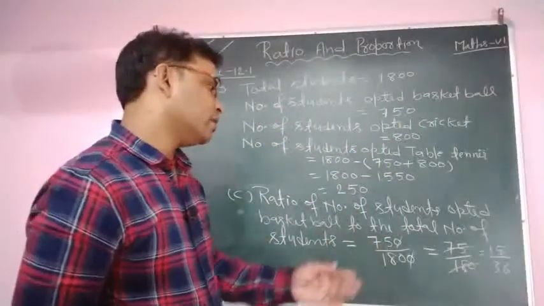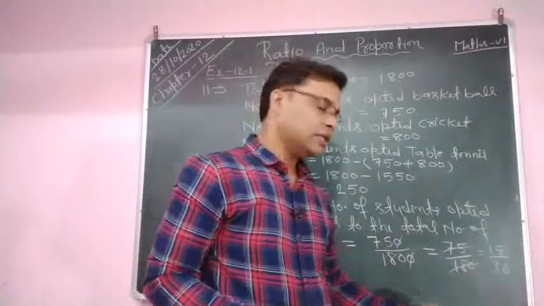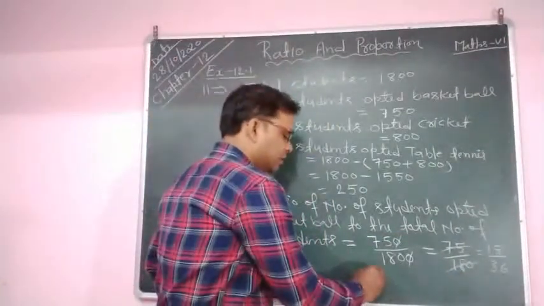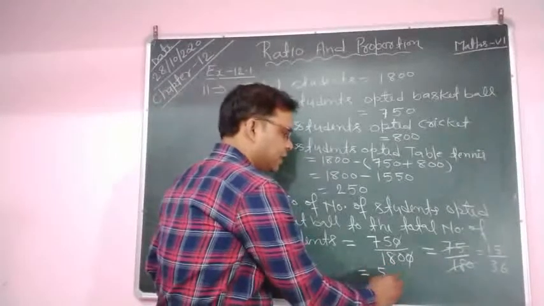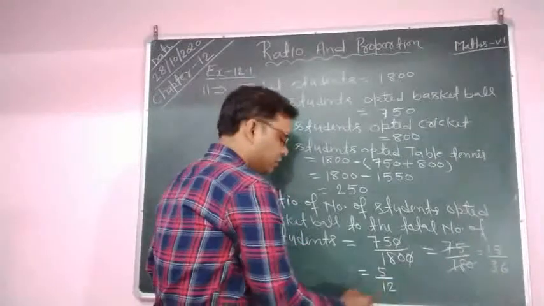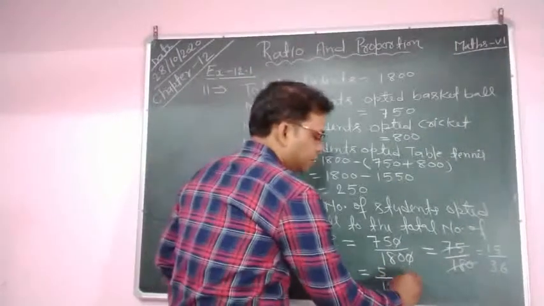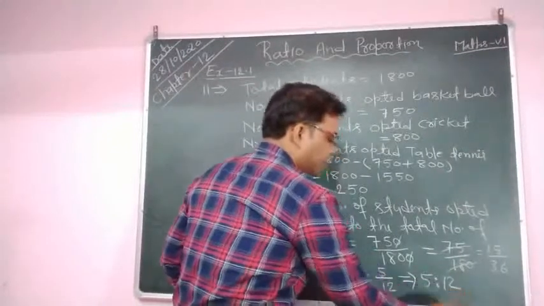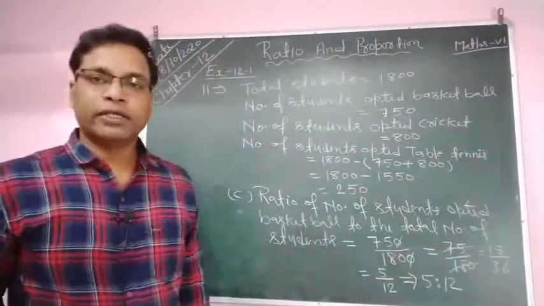Now again if you divide by 3, then you have the simplest form: 15 divided by 3 is 5 and 36 divided by 3 is 12. So in this way you can see the required ratio is 5 ratio 12. What is our required ratio?